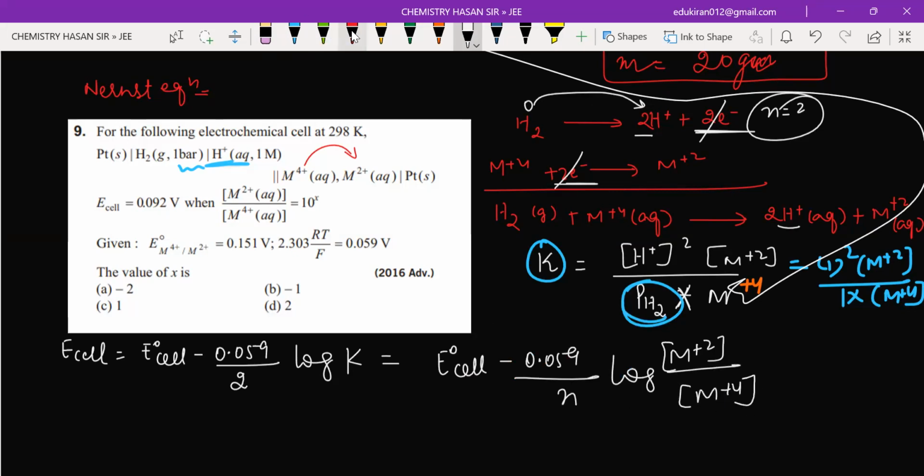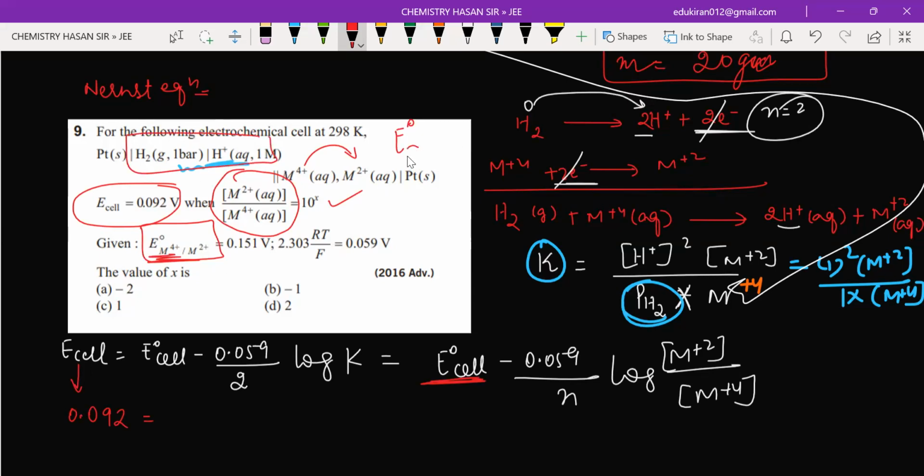Now, in the question, it is given that M plus 2 upon M plus 4 is equal to 10 raised to the power x, and E cell is equal to 0.092. So I'm going to write E cell is equal to 0.092, which will be equal to E naught cell. E naught cell can be easily calculated. You can see the E naught of M plus 4 is given as 0.151, and the other quantity is hydrogen, that means the standard hydrogen potential, which is 0.